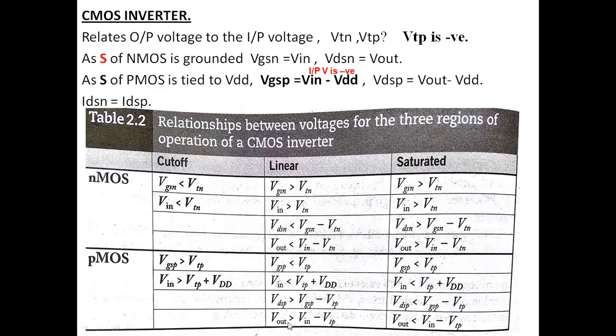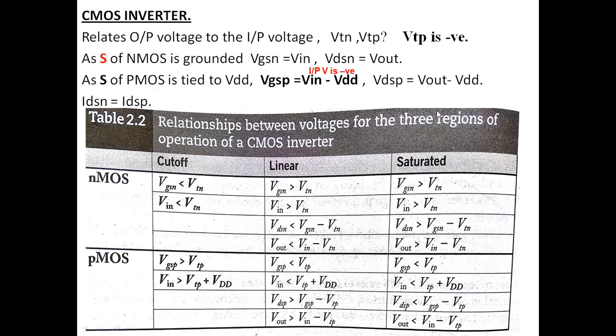Okay, so this is the table given according to the book. Here also we have the same basic circuit. In the first slide, the CMOS inverter showed VGSN, VGSP, VDSN, VDSP voltages.